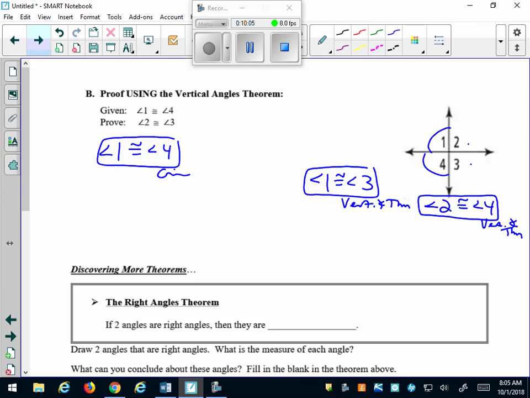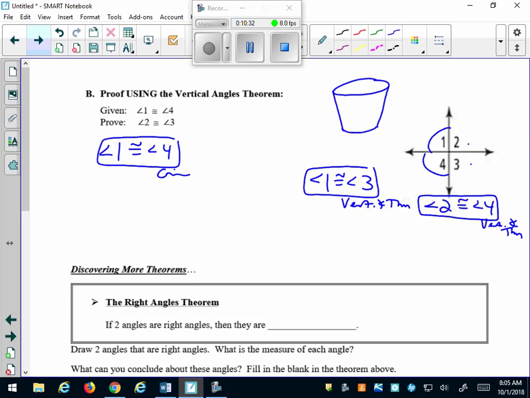Okay, so now is when we should have our discussion about the transitive bucket. Because when you see that you have a lot of statements of congruence, where a lot of the angles or segments are being related to each other, you should think, maybe I could use the transitive property here. And so we like to talk about the transitive bucket. I'm going to draw a little bucket up here.